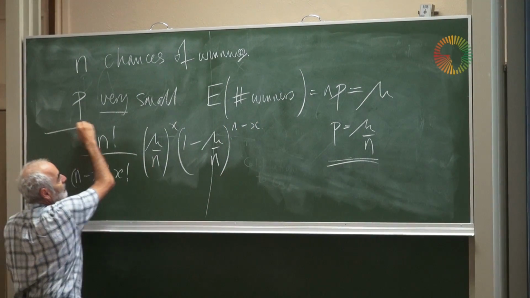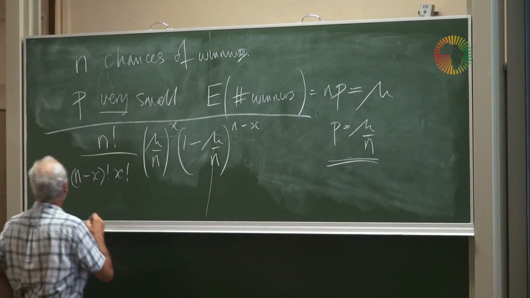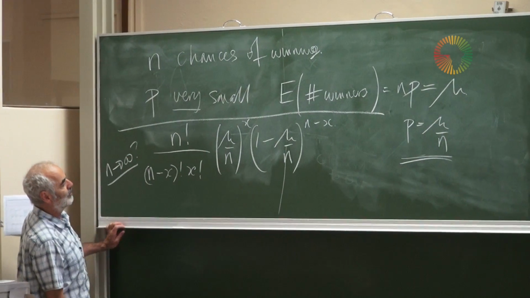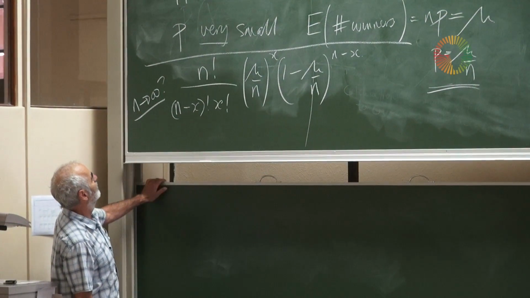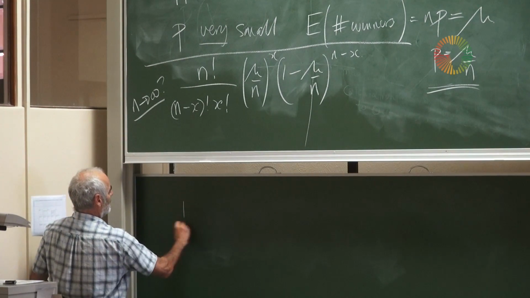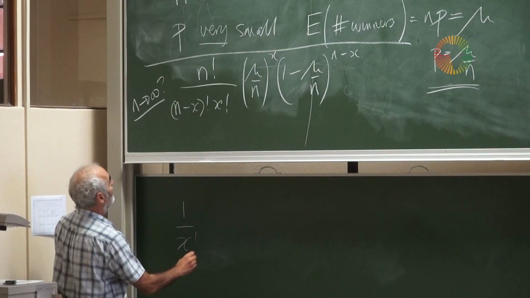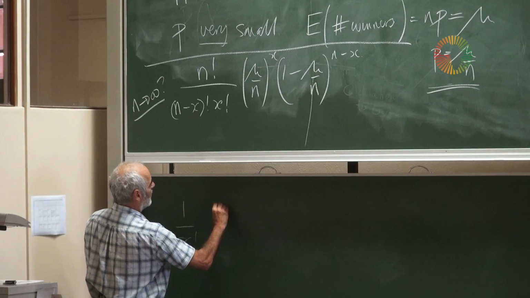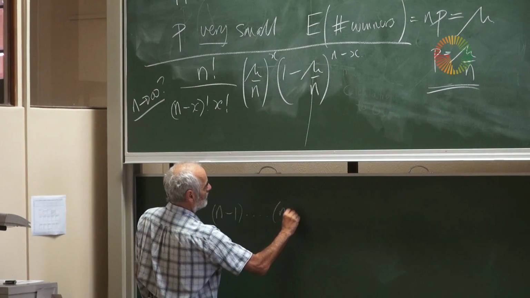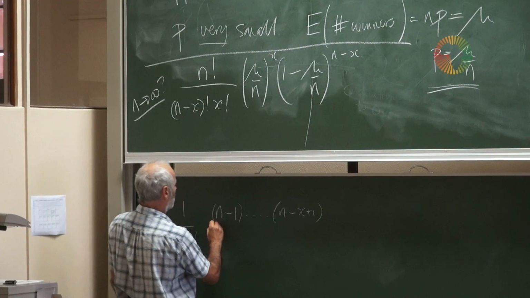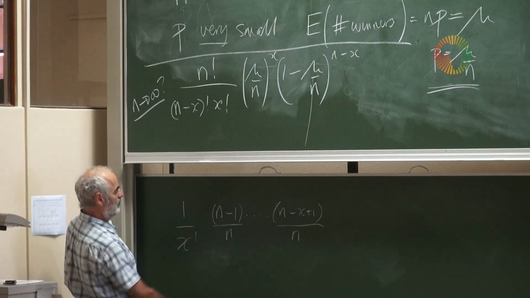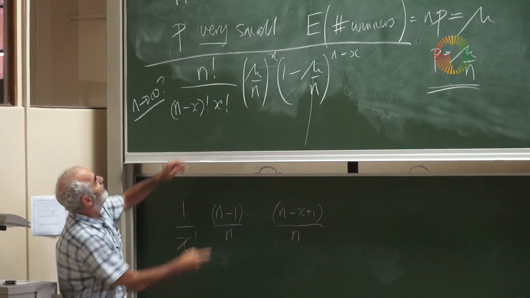And what we should do then is see what happens as n goes to infinity. What happens to that formula as n goes to infinity? Okay, this is what I'm going to try to do, if I can get this right. We can take an x factorial outside, and then we've got n, n minus 1, up to n minus x plus 1, divided by n to the x.